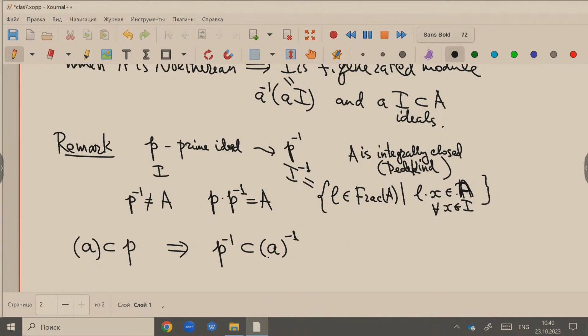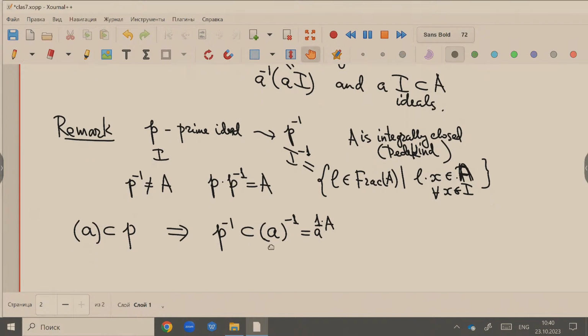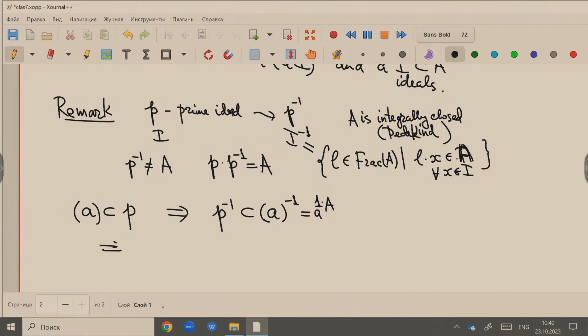By direct calculation, this is just the elements of A divided, which can be identified with 1 over A times A, as a subset of L. So this bounds all the denominators of P inverse, and this tells you that P inverse is a finitely generated module. Yeah, so this is just a fractional ideal.